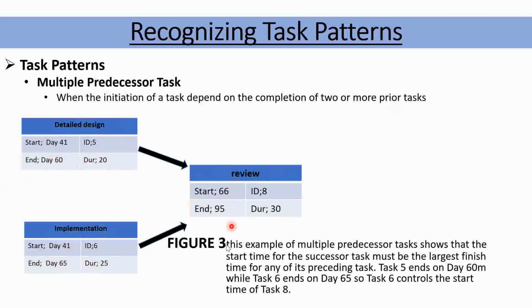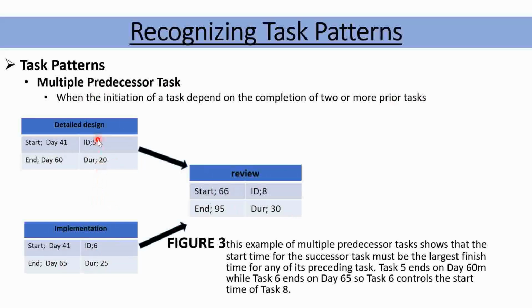Let me explain this. See, how do you determine the start date of the review task? In order for you to determine the start date of a review task, you look at the one which has the largest finishing time or duration.